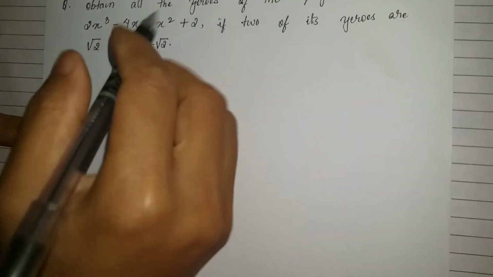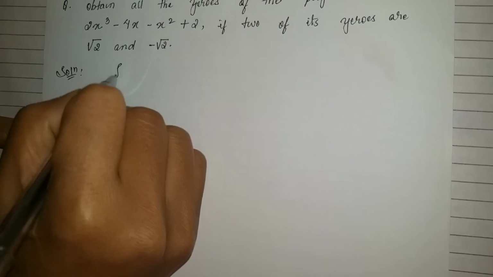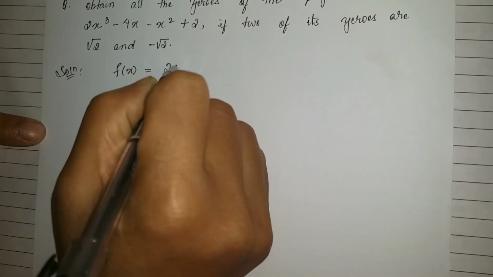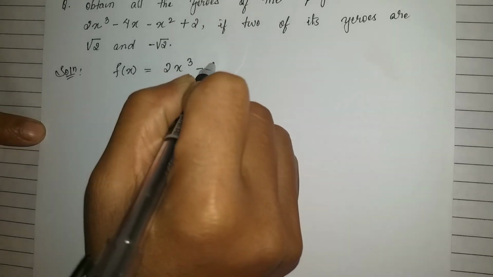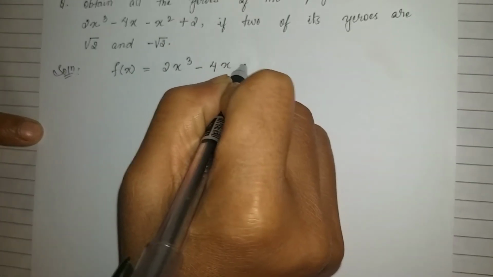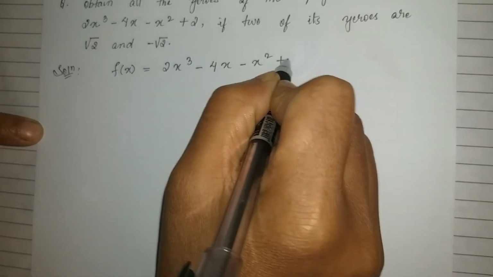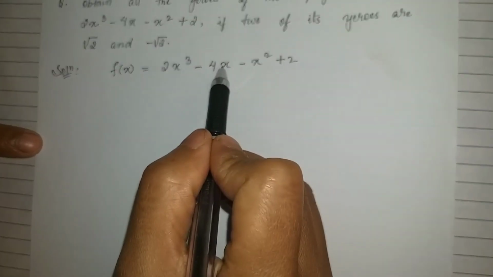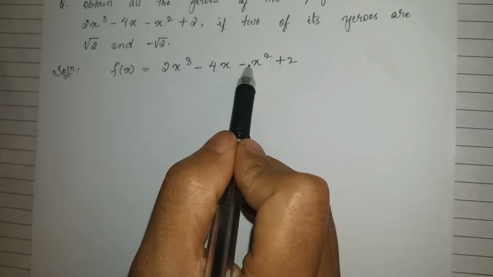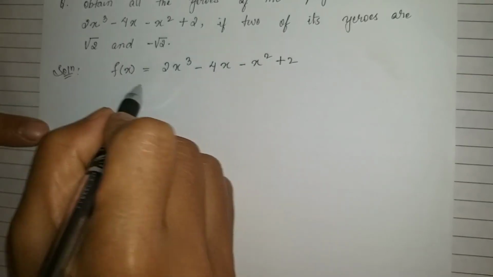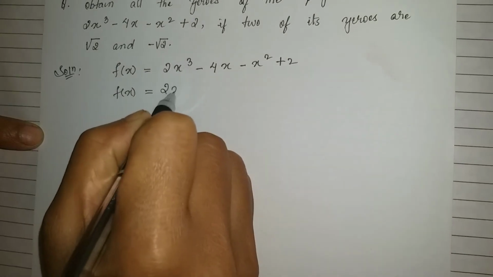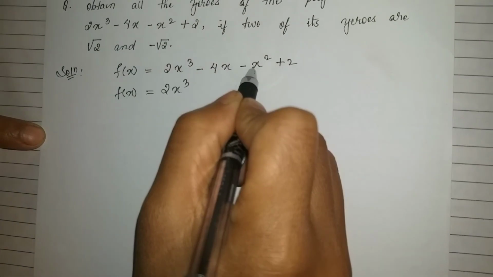Let us name the given polynomial as f of x, 2x cubed minus 4x minus x squared plus 2. So here the x comes first, then x squared. So let us rearrange f of x. Let us write x squared first.